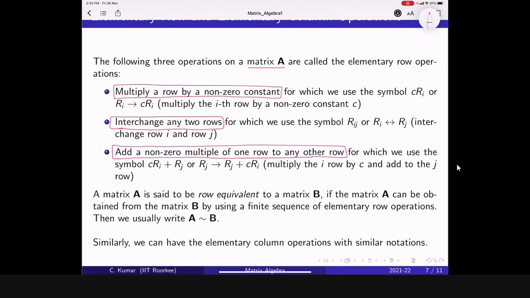So first is multiply a row by a non-zero constant. So keep in mind that the constant that you multiply should be non-zero. It should not be zero. Okay, so for zero, this operation is not valid.